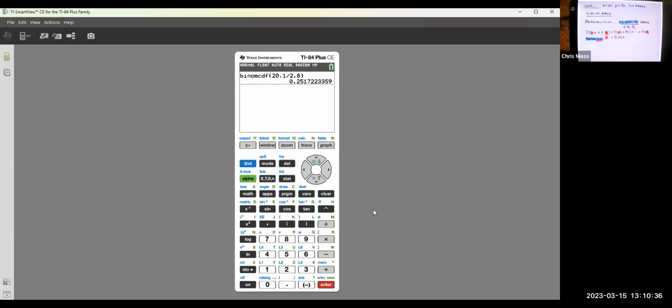So you see how that works? If you're trying those keystrokes, let me go through them again. CDF, 20 trials, 1 out of 2 chances. The outcome is heads. X is at most 8 heads. We'll paste that in, and there we go.